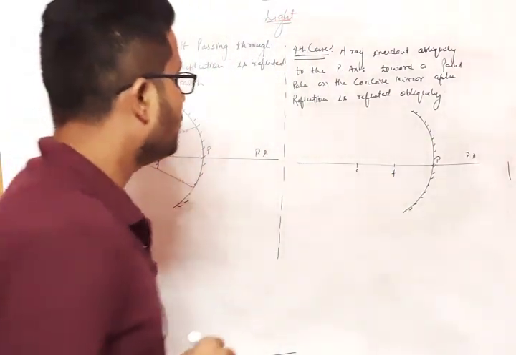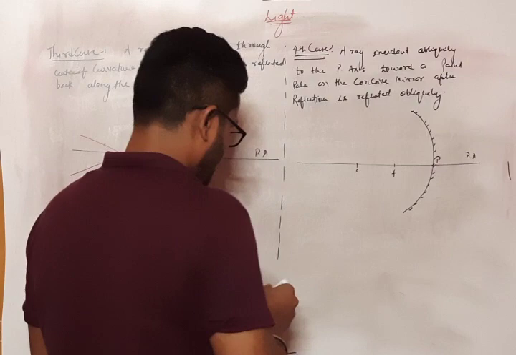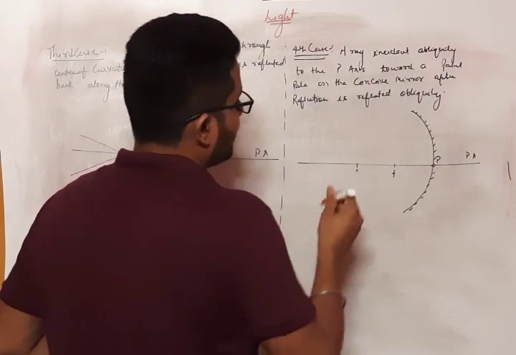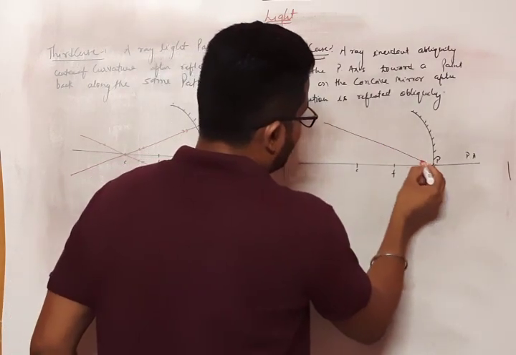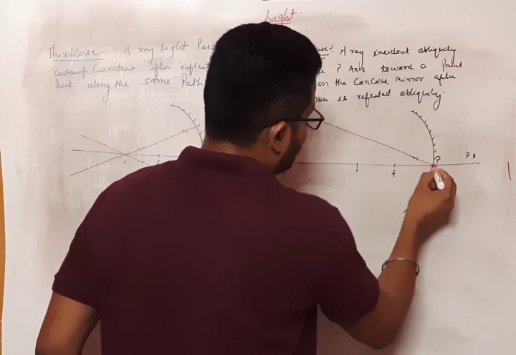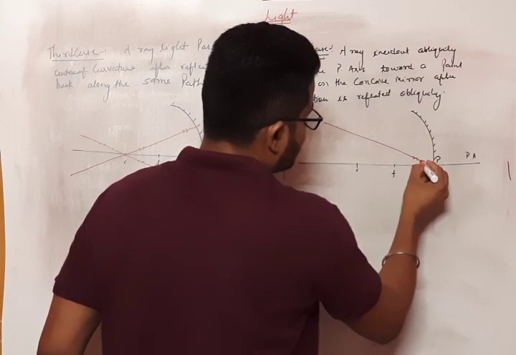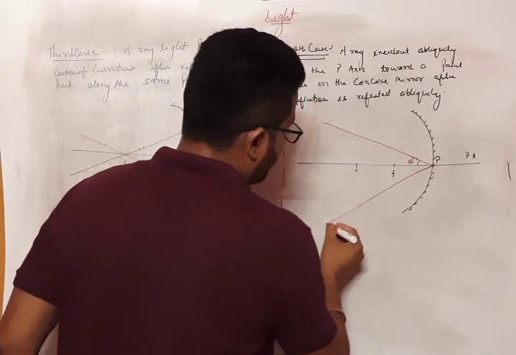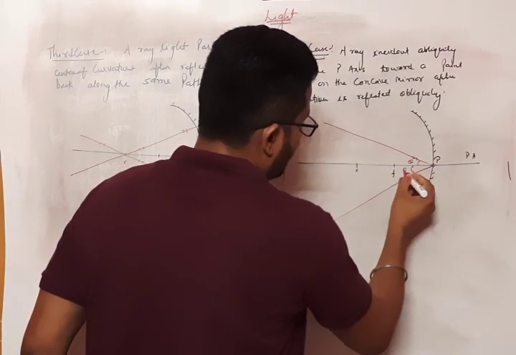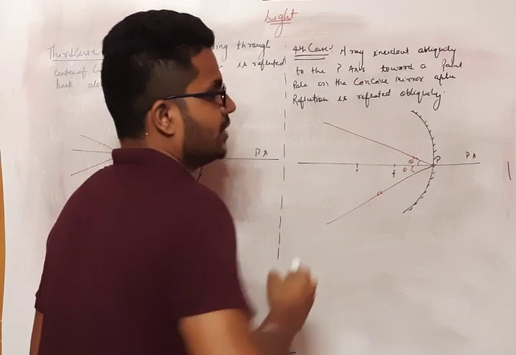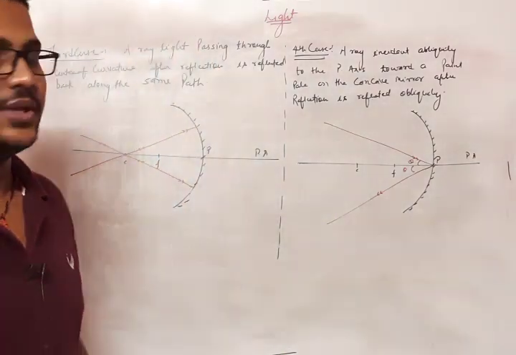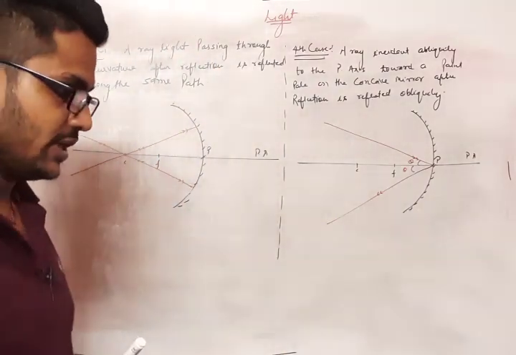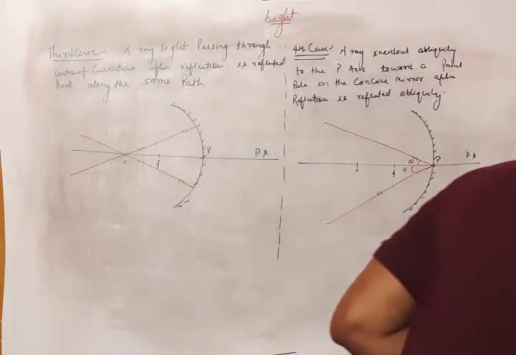Okay, if one ray is coming at the pole at an angle theta, then it will reflect back at the same angle theta. Okay beta, this is the fourth case.